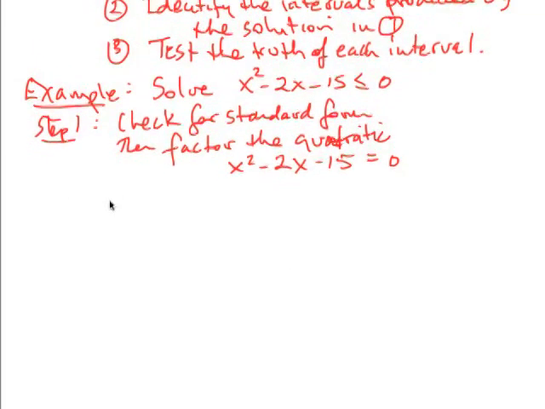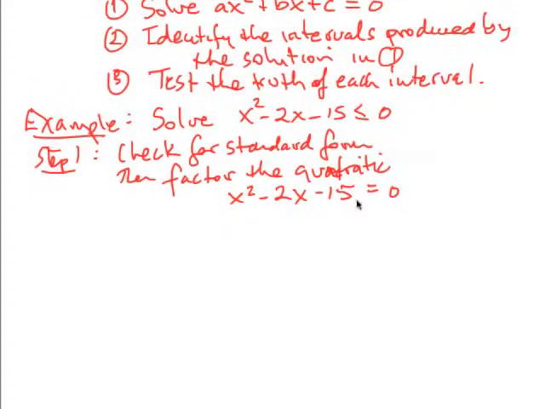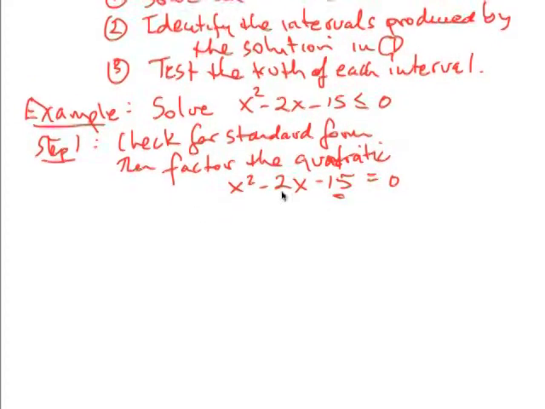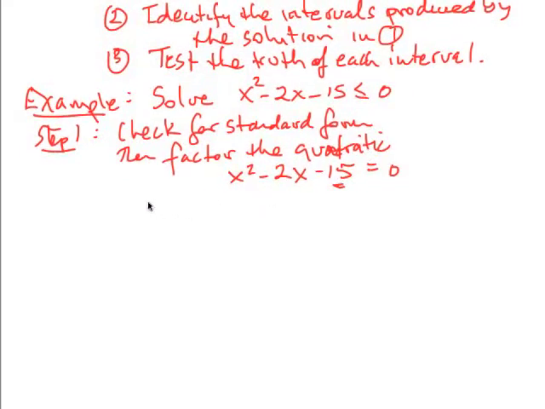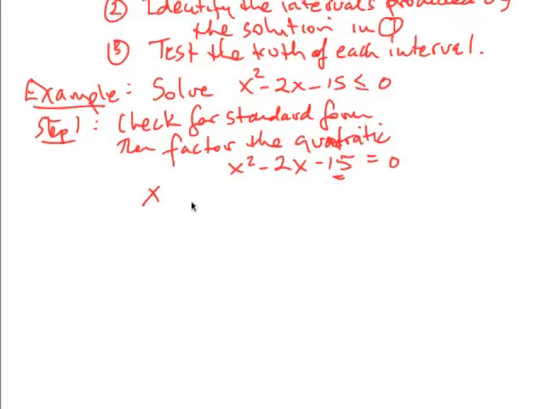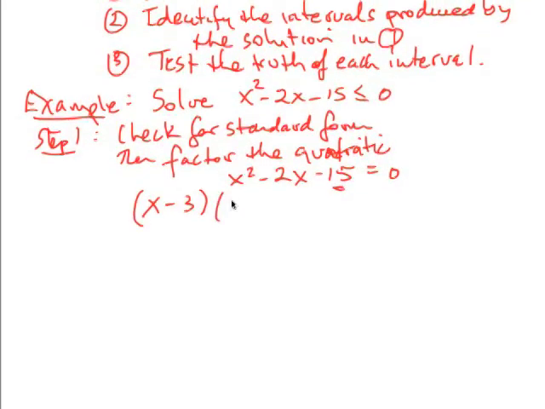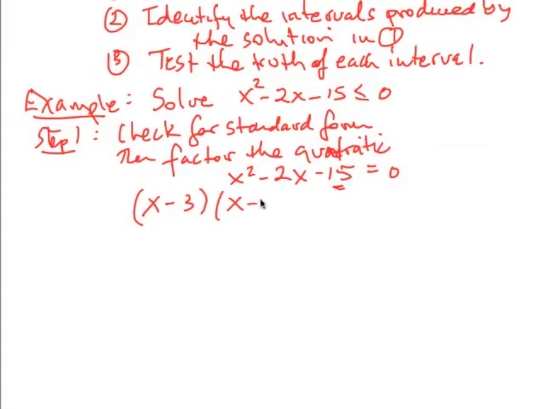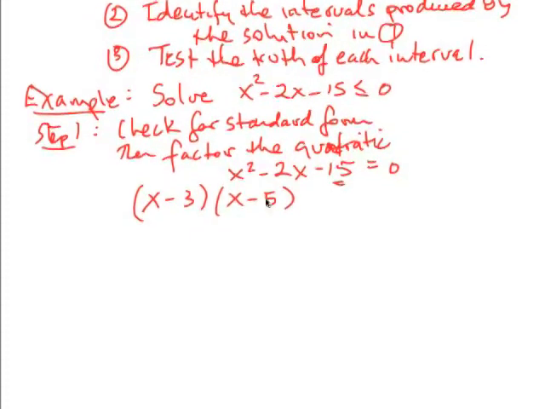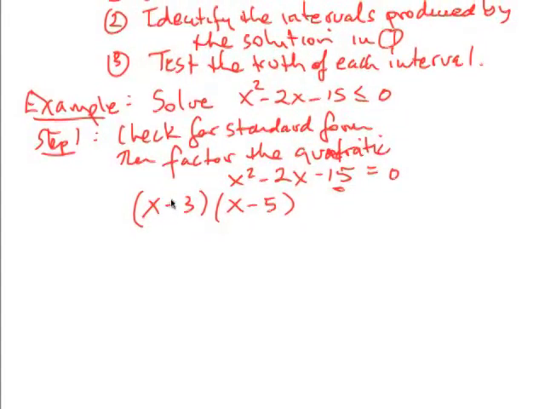You may remember we did this earlier in algebra, that we were looking for factors of negative 15 which add up to negative 2, and that of course would be, let's have a look, 3 and 5 I guess. One of them's going to have to be positive, one negative, and since we've got a negative in here the largest one would be negative.